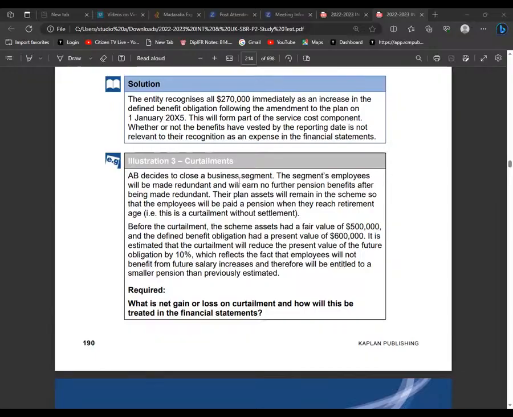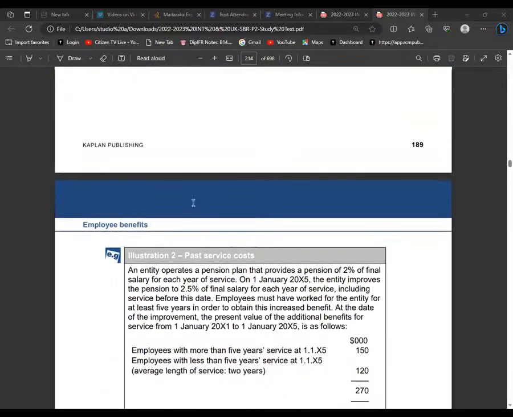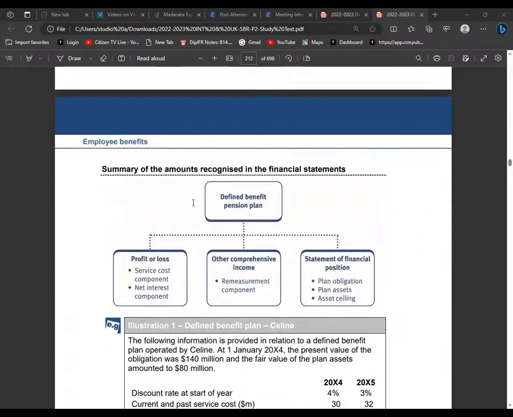And you're being told here, under curtailment, look at this illustration. A summary of the amounts recognized in the financial statements.